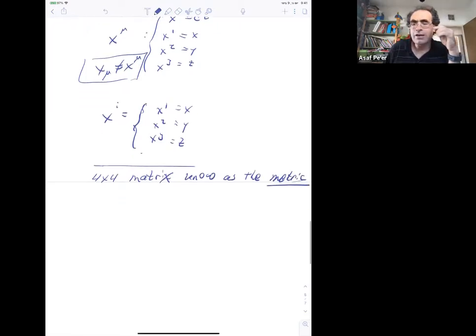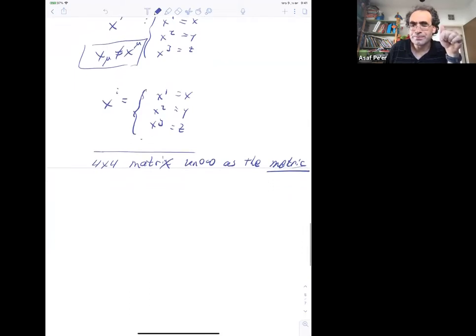And I'm going to write it down with two lower indices. Now, the correct way of writing it is using the Greek letter eta, eta mu nu. However, in particle physics textbooks, since people are not really paying attention to the details, as far as I can tell, you also write it with a G. So it's G mu nu. You would find both of those in particle physics textbooks.